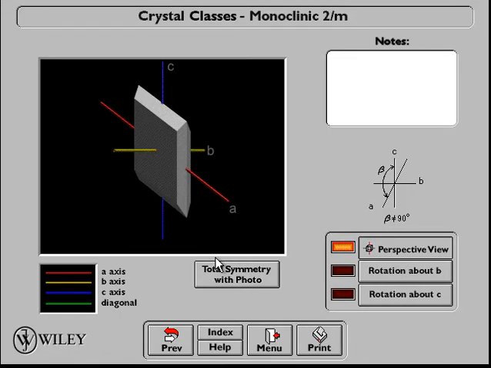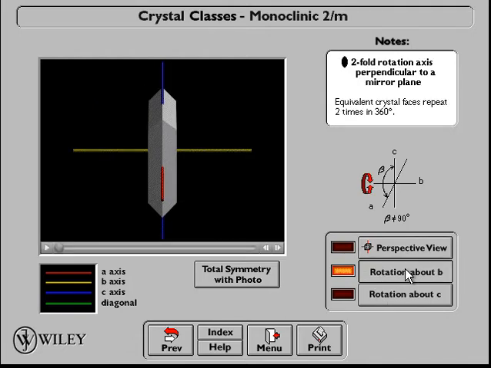Now we are clicking on the screen, going back. So at first we are making now a rotation about B. There we have our two-fold axis. So that is our two-fold rotation axis perpendicular to the mirror plane.